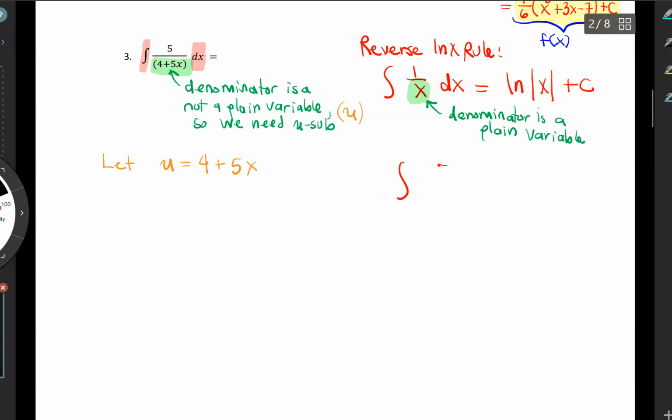If I substituted it, I'd have 5 over u dx. That's not good. All I did is substitute the u in there. Does my bookend variable, remember, look at your bookends. I'm supposed to have x's. Now I have u's. I need the u's, so I need everything to be u's. We need to rewrite everything with u's. So rewrite with u's only.